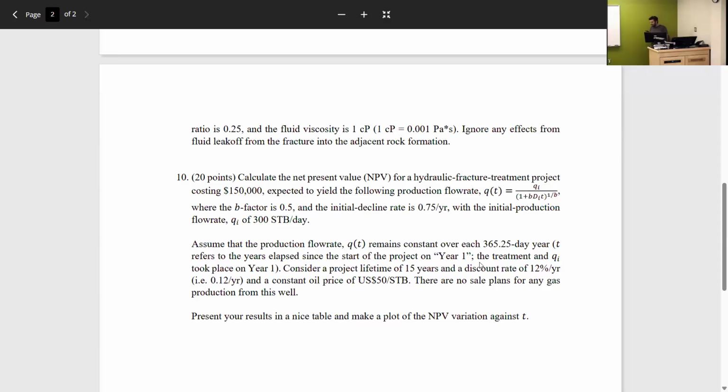Every year is going to be something like 109,000 barrels per year, and then you sell those barrels at $50 each barrel, and it should not be discounted. You get the net present value, or the present value, for that year.